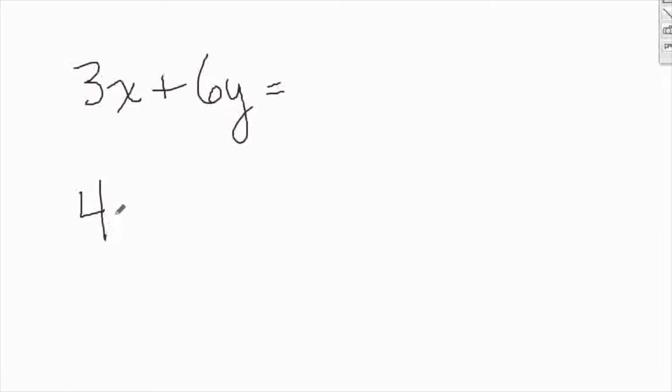How about 3x plus 6y? What do you think the common factor is there? Or 4x plus 4x squared.